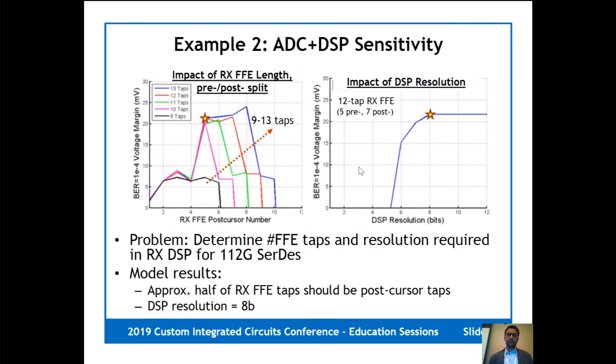So we could do some analysis using the behavioral models earlier to get data that shows how my voltage margin varies, in this case as a function of DSP resolution for a certain equalization architecture, to figure out what's the minimum resolution that I need in order to not have my performance be limited by my DSP resolution. And also, if I have a certain number of taps that I want to allocate, how do I distribute it between precursor taps and post-cursor taps and so forth.